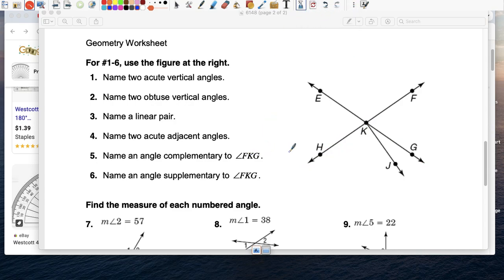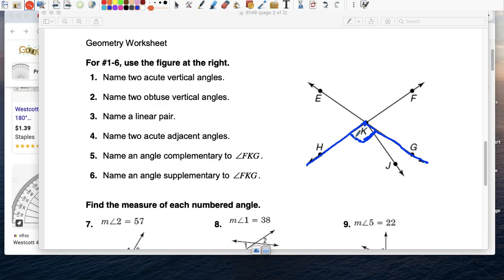Complementary to FKG. Well, even though they didn't tell us that this is 90, I'm going to assume that this is a 90-degree angle, so I'm just going to put the symbol. So we know that this angle formed by this line and this line forms a 90-degree angle.